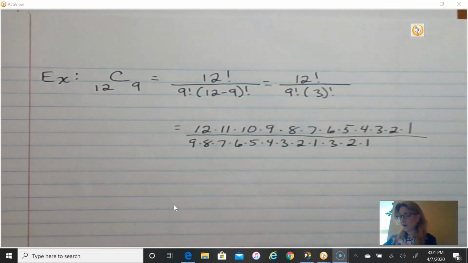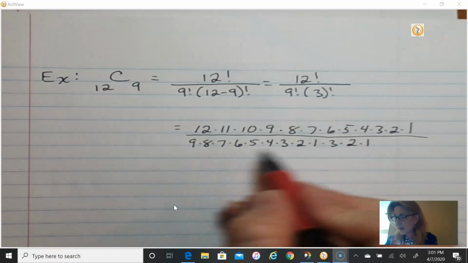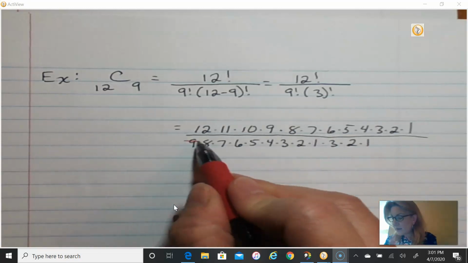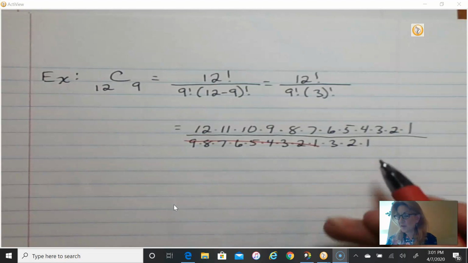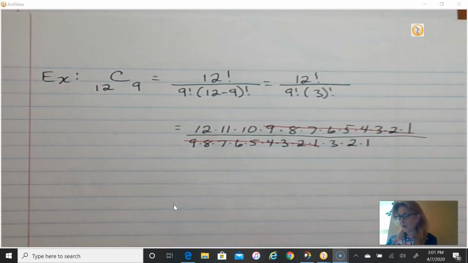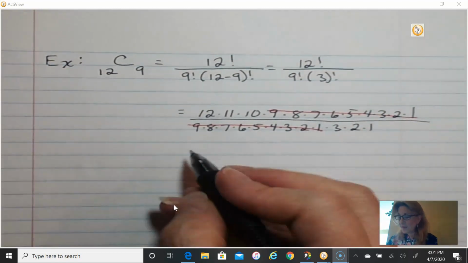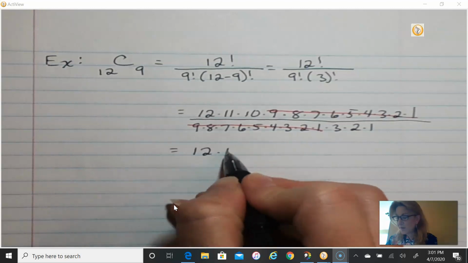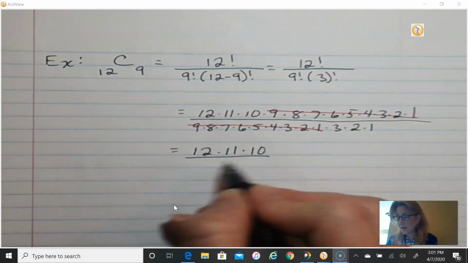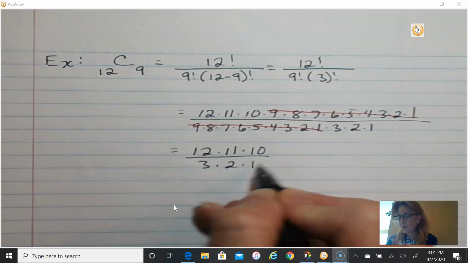Okay? Cross out. Look at this. This big group can be crossed out with this big group. So then we're left with 12 times 11 times 10 only over 3 times 2 times 1.